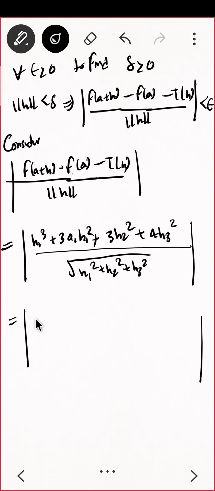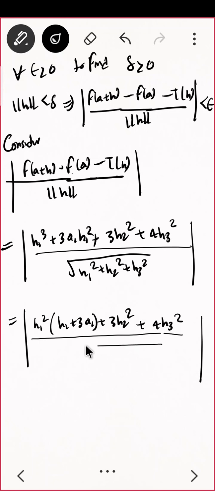Can I write it as h1 square times bracket h1 plus 3 e1, and here it will be 3 h2 square plus 4 h3 square, and that is divided by, correct. What else? What should I do now? Well, I want to relate this thing with this guy. What should I do? Anyone?